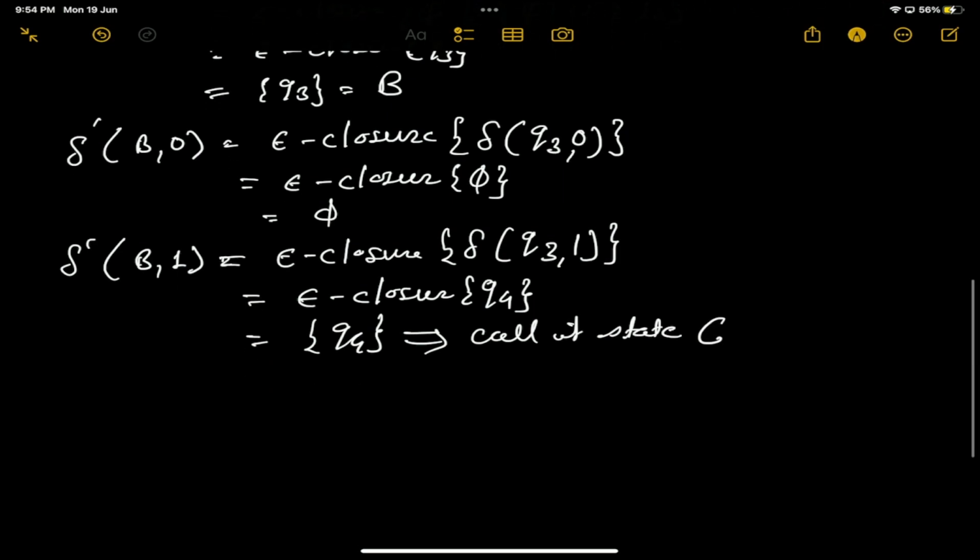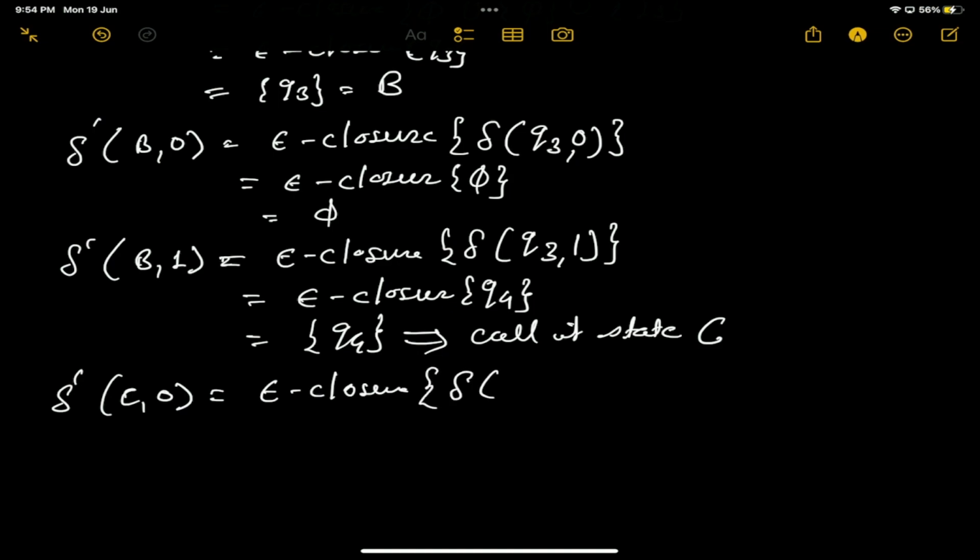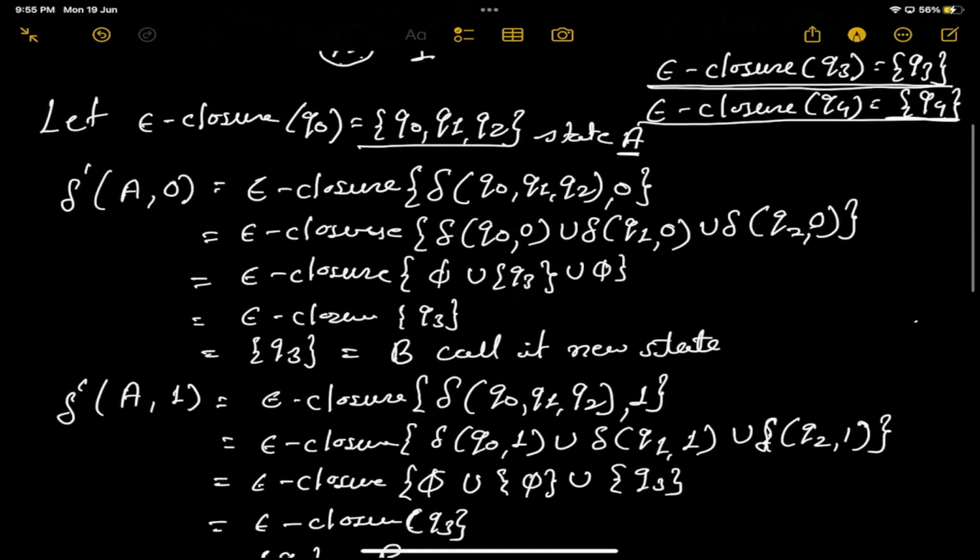Then next we find the extended transition function of C with input 0, which is equal to the epsilon closure of delta of Q4 with input 0, since C means Q4.